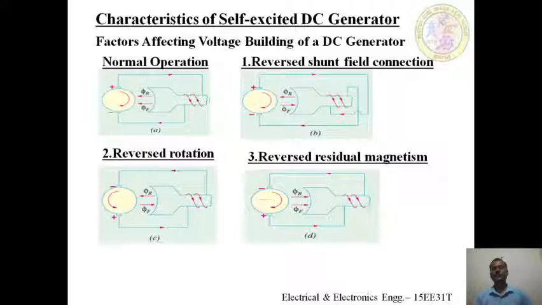You have to remove the field winding from the machine, and connect it to an external DC source with proper polarity as required. Then you increase the field current, and then it will retain the residual flux with the required polarities. The process is called field flashing. So these are the factors which affect the generator's voltage building up.